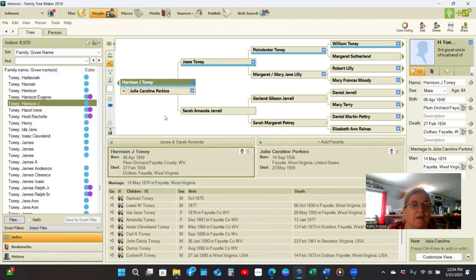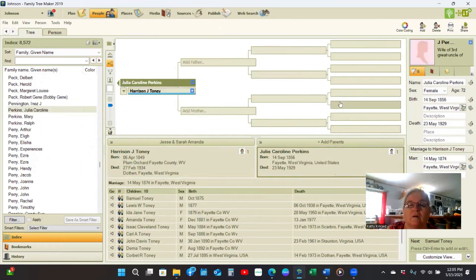There we go. All right. So she was born in 1856 and died in 1929. And all that is correct. And she is buried at the Tony Cemetery.